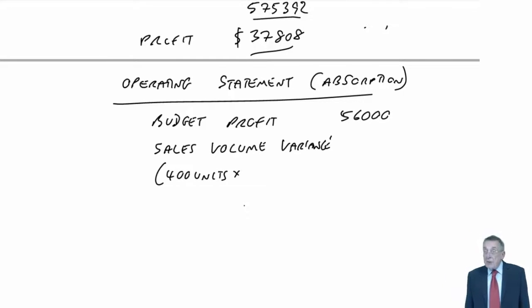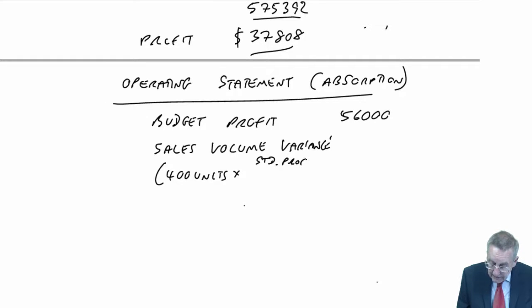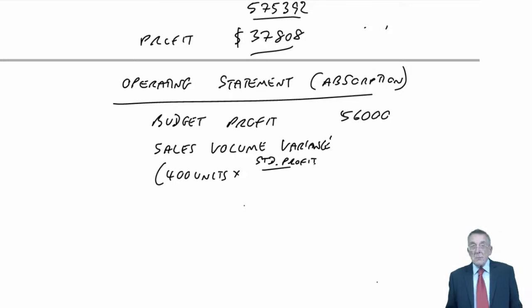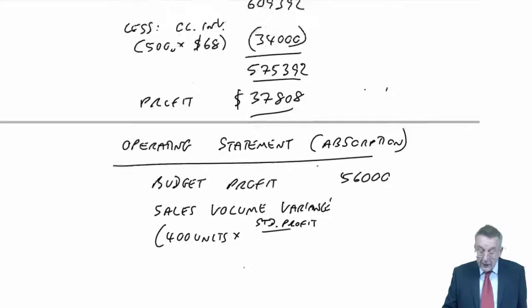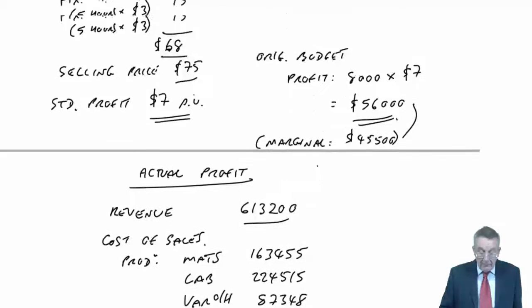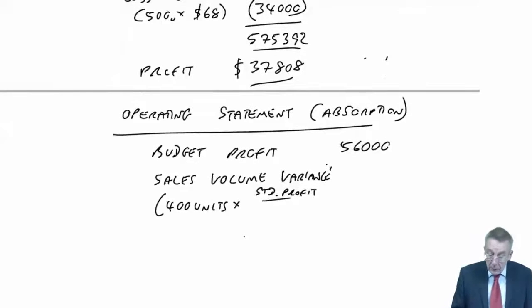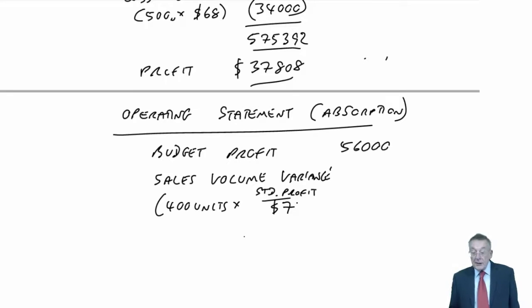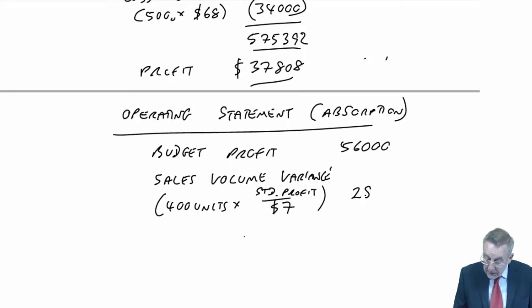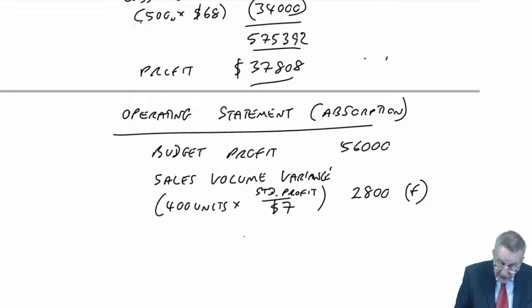However, when we're using absorption costing, we say, well, how much extra profit do we expect from those units? We multiply by the standard profit. And the standard profit we worked out a moment ago, $7 a unit. So if you sell 400 more units, you'd expect profit to go up by $7 a unit, an extra 2,800. And there is our first difference.